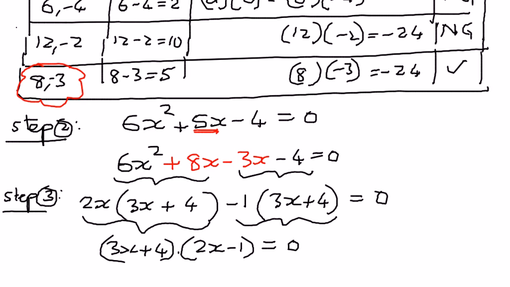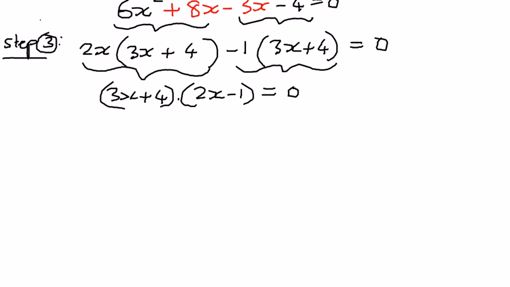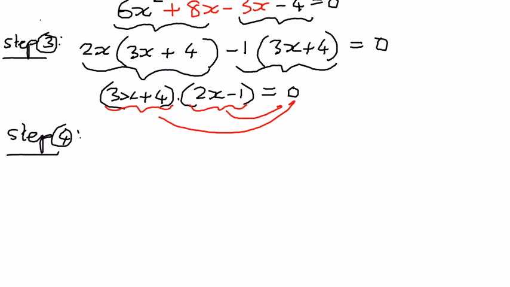But in this example, we want to solve the quadratic equation, and the way to solve that is by using the zero factor property. In step number 4, we're going to come back here and then say either 3x plus 4 is equal to 0 or 2x minus 1 is equal to 0, and that is what is called using the zero factor property.